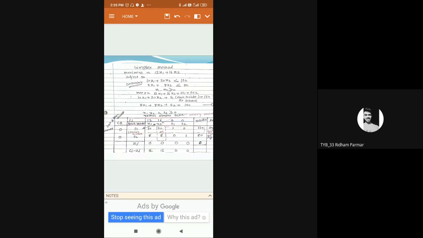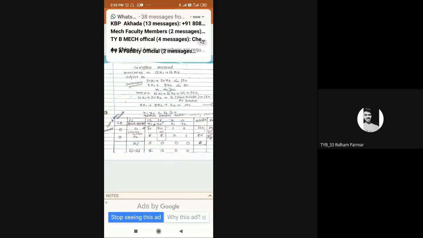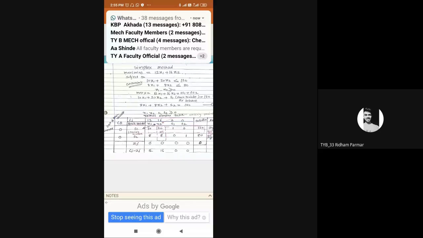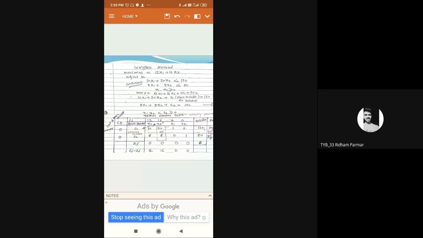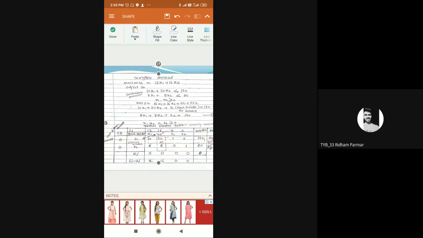Above, greater than or less than symbols are there, so you convert the symbol into equal. To make it equal, we add slack variables s1 and s2, and their coefficient is 0.